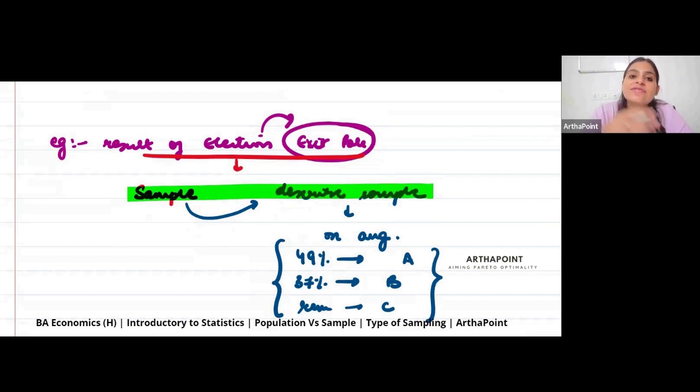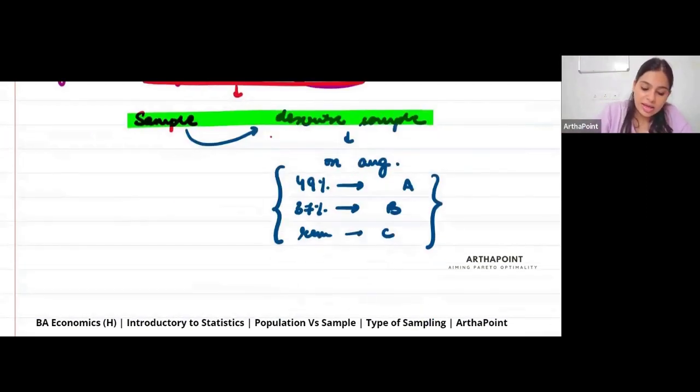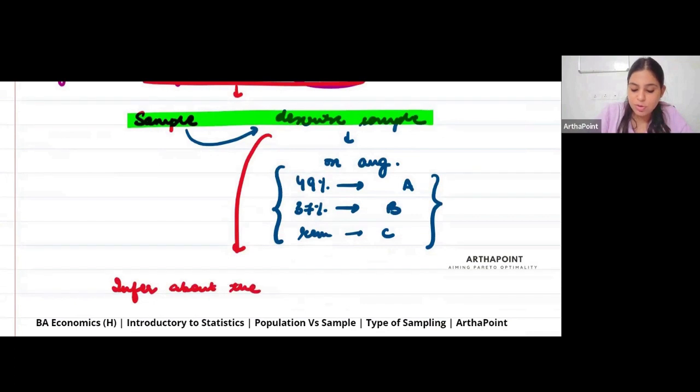Once you have this in mind, you are going to infer about the population. So you will say, okay, this sample came from a bigger population. If this is the way that sample acted, then very similar to this, my entire population will also act.